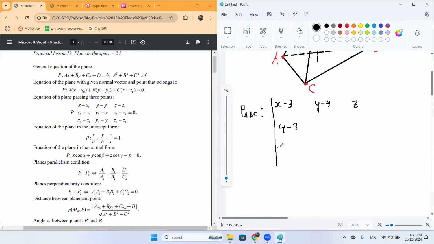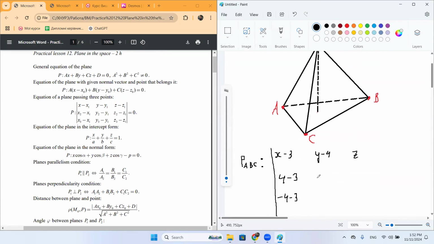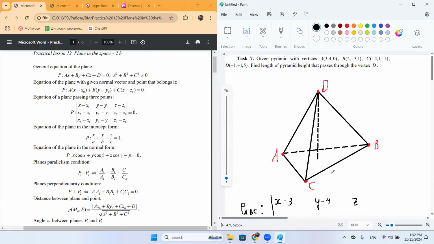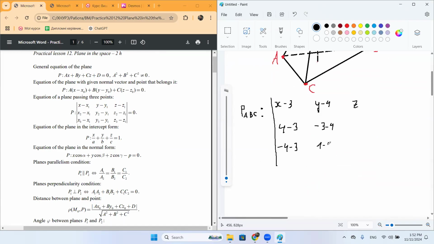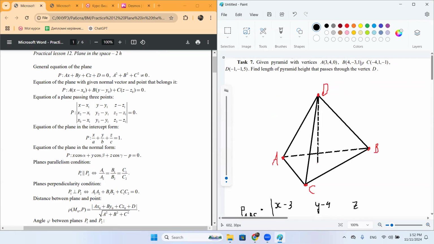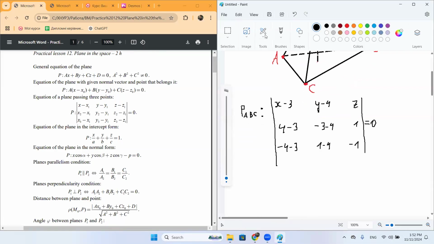Minus 4 minus 3. Minus 3 minus 4. Then 1 minus 4. And 1 minus 1. And it equals 0. So now let's calculate the determinant.